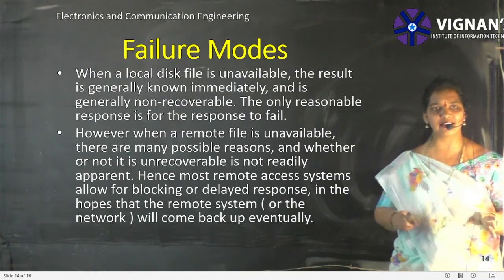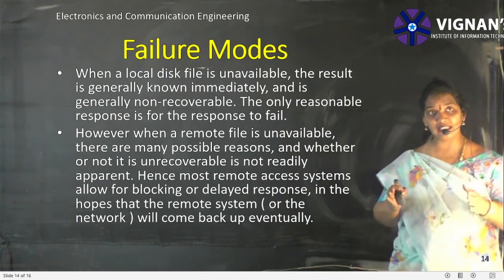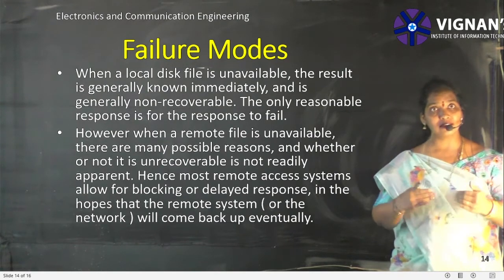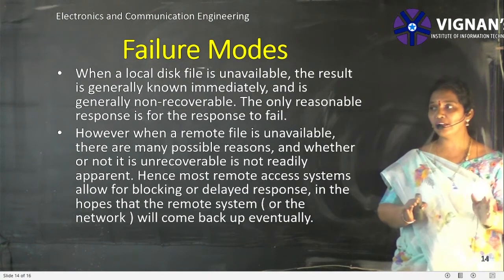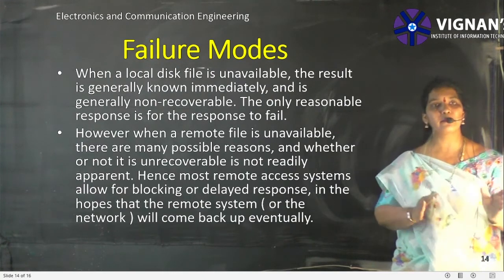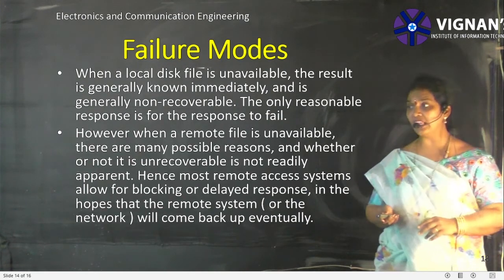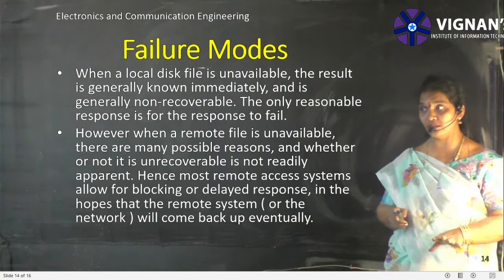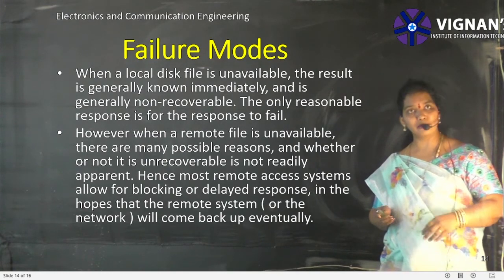It will not immediately say it has failed, but gives time in the hope that a backup will come up and can be accessed in future.